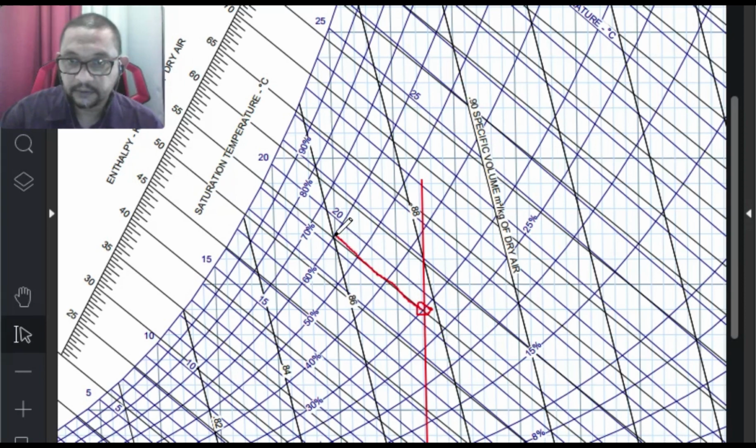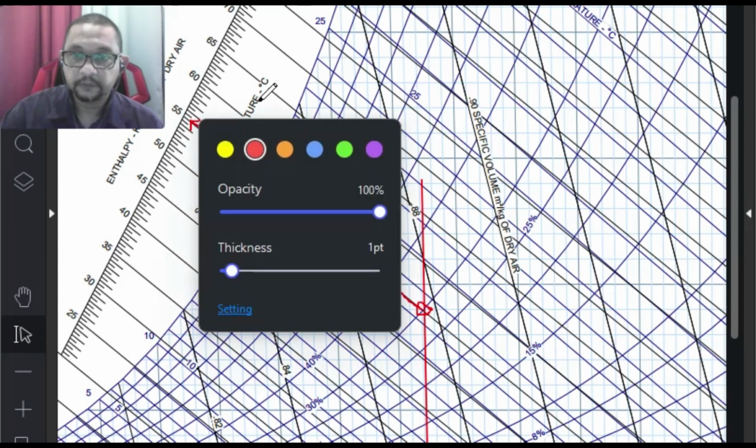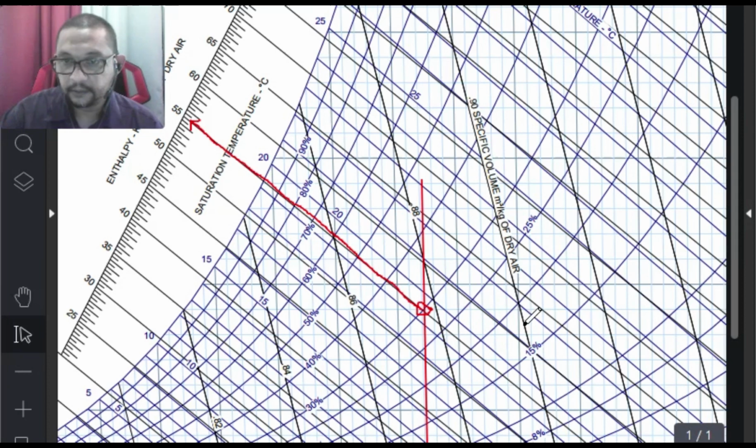Draw a straight line to the specific enthalpy, and then omega, that means specific humidity.